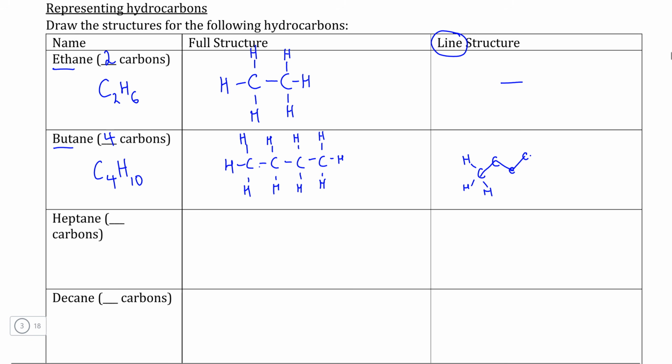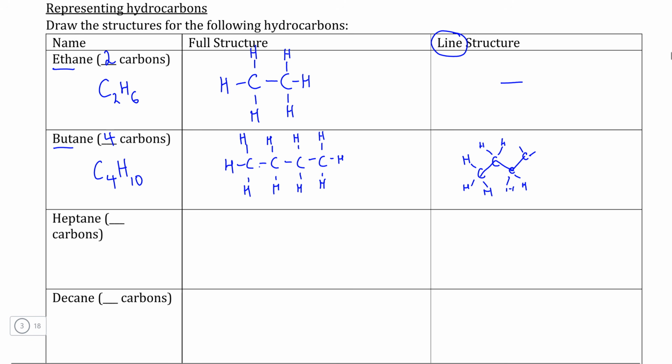Now, these 2 carbons in the bends in the line structure, each of those has 2 other bonds that are going to the 2 adjacent carbon atoms, meaning that there are 2 bonds with hydrogen that are not shown like this. And then finally, this carbon on the end is like this carbon on the end.